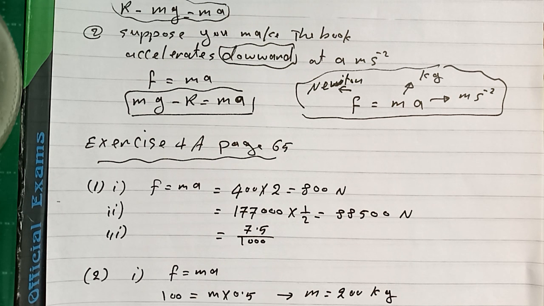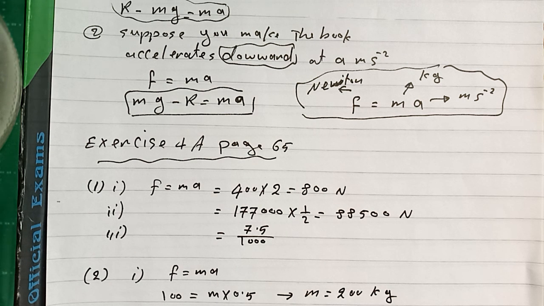A car of mass 400 kg has acceleration 2 meters per second squared. What's the force needed to move the car at that acceleration if it is 400 kg? The answer is F equals ma, so it's 400 times 2, which is 800 newtons. This is the force required.